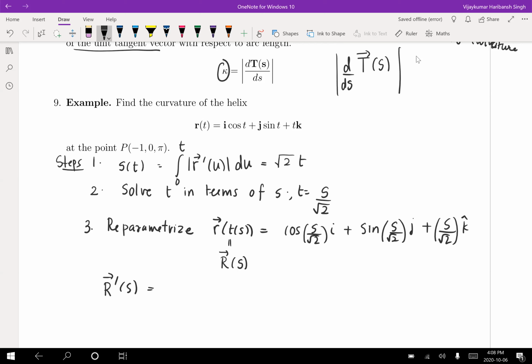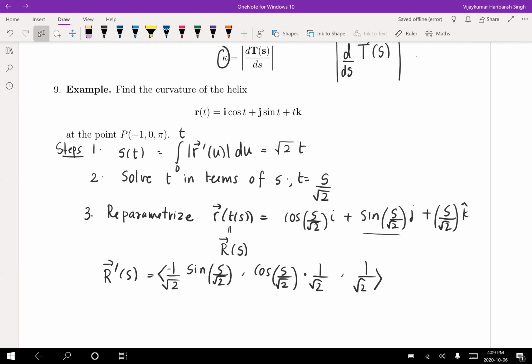That is going to be 1 by square root of 2 with a minus sign of sine of s by square root of 2. What is the derivative of this with respect to s? It is cos of s by square root of 2 multiplied by 1 by root 2, and then that is going to be 1 by root 2.